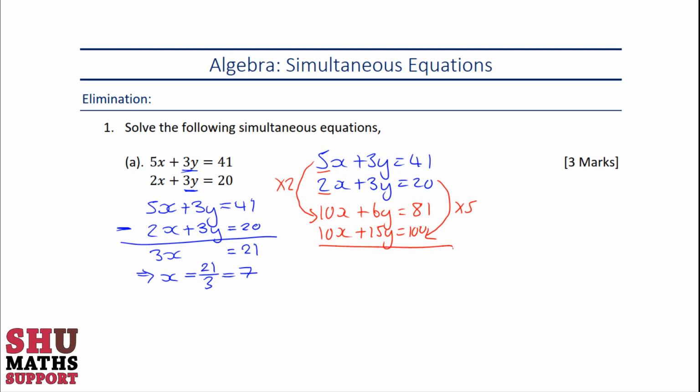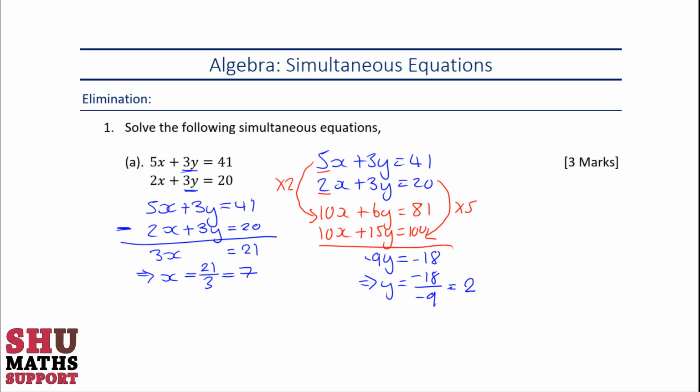And now we can subtract the second equation from the first equation. I'll just change pen colour to get 10x minus 10x, which is 0, 6y minus 15y, which is negative 9y, is equal to 82 minus 100, which is minus 18. And then this implies that y is equal to minus 18 over minus 9, which is equal to 2.